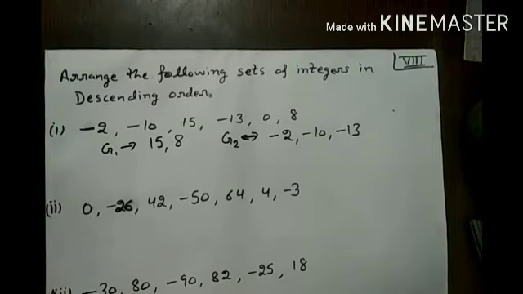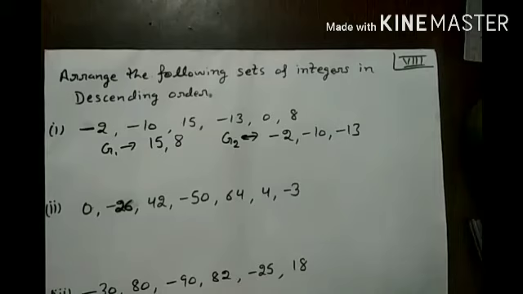Now we have to write this group of integers in descending order. When we write descending order, we will write the greatest number at the first position, and then on the second position I will write the number smaller than the first, and so on.